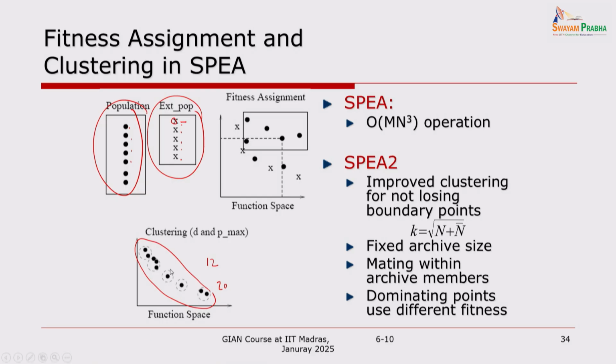Instead of doing crowding distance, they do a k-means clustering, which means every one of them is first considered to be in one cluster, and then two neighboring clusters are merged into one, another two neighboring may be merged into another, and like that. Every time you reduce one cluster at a time, and when you hit 12 you stop, and then pick one representative point from every cluster.